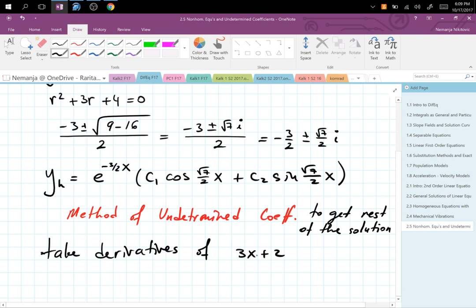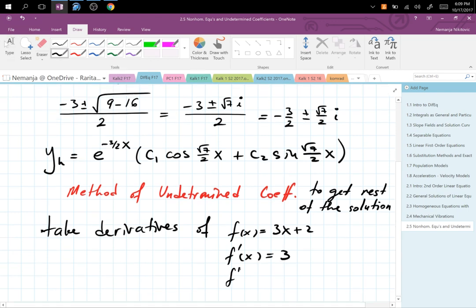This is f, f of x, right? That's the notation. 3x plus 2. So f prime of x is going to be 3, and f double prime of x is going to be 0.